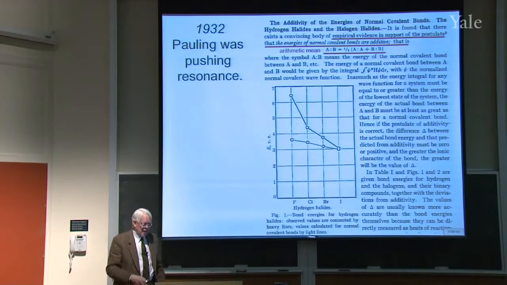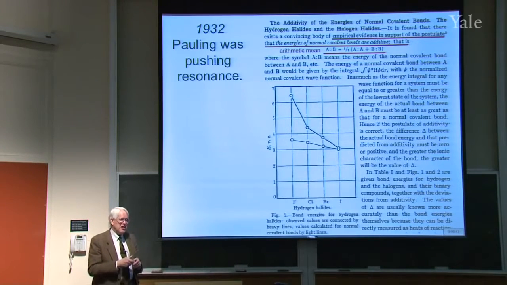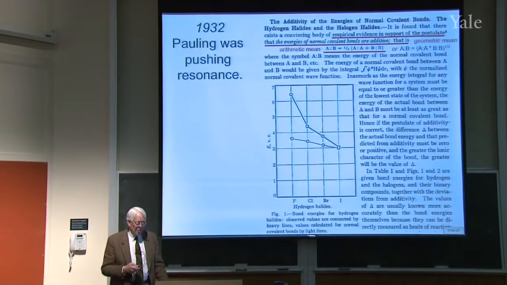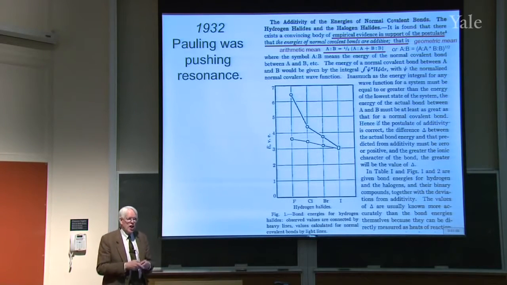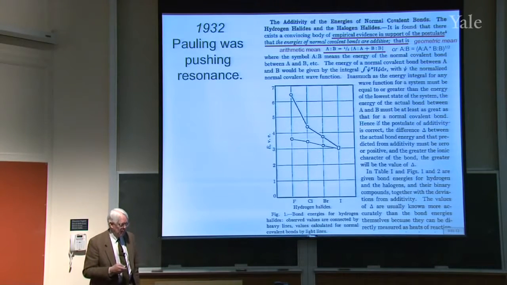So he was a little confusing about that, because in some papers he used the arithmetic mean, but in others he talked about the geometric mean, where it was the square root of the product instead of half the sum. Okay? But at any rate, the idea was that normal covalent bonds should be the average of the homonuclear bonds.